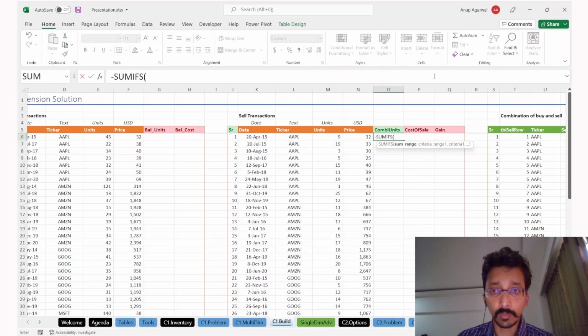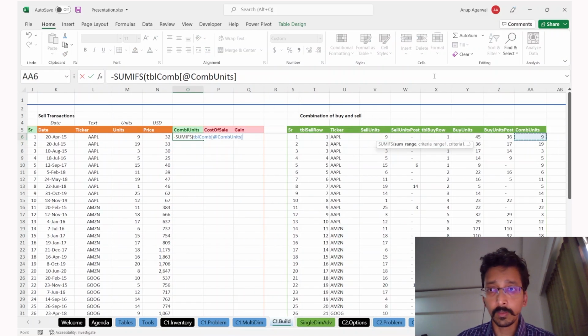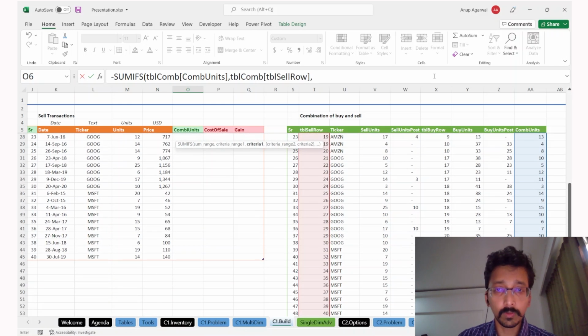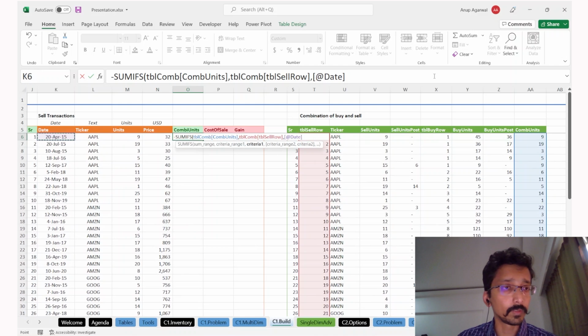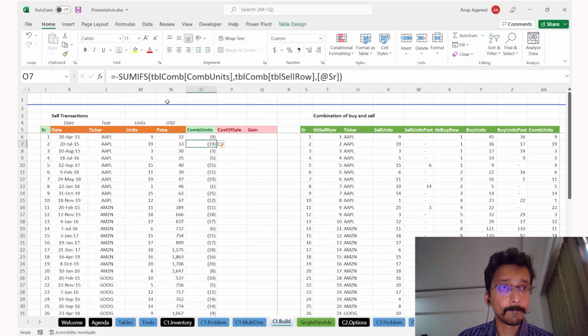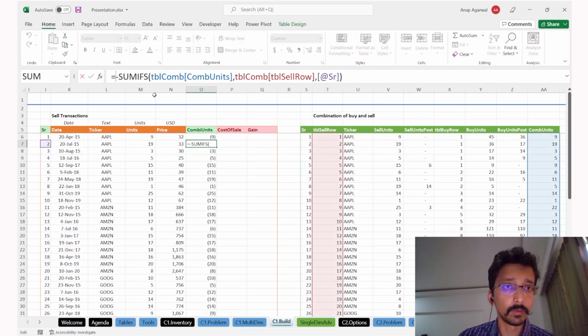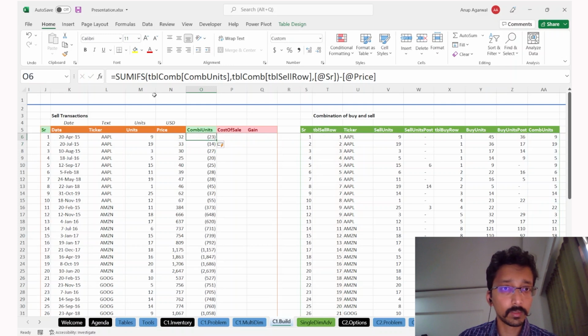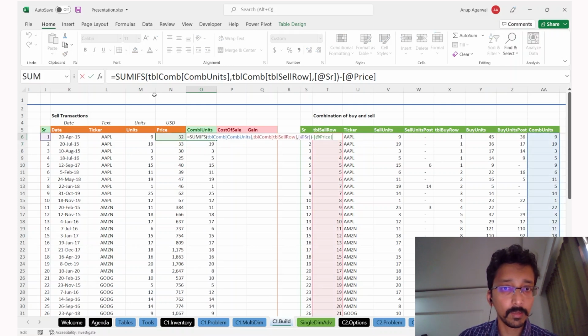And I'll do a sum ifs on this, where the cell row is the same as the serial number. I had a minus over here, which we don't need. And then I'll do this minus this, this minus this.